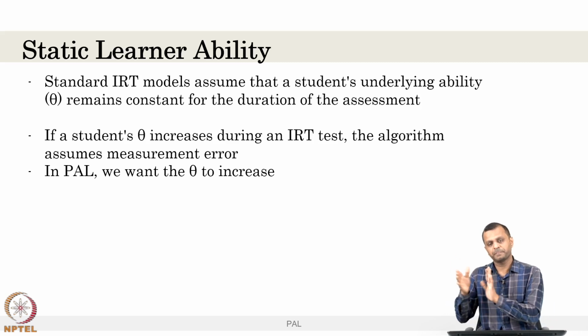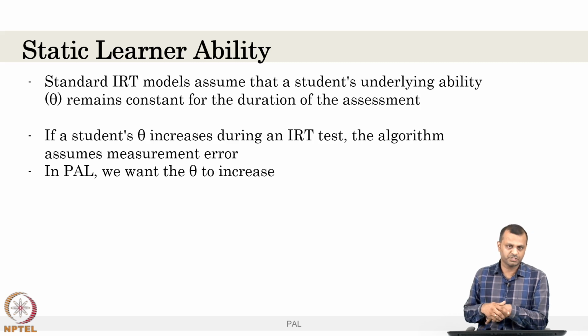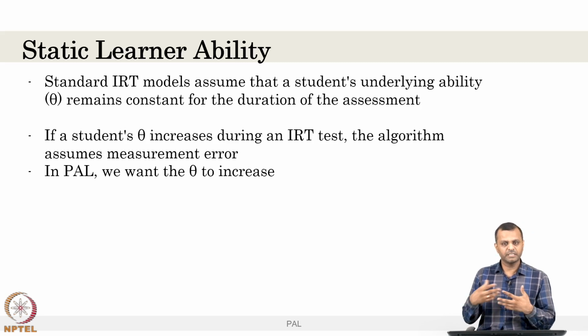After say 10 items or 20 items, it recalibrates your theta. It is not recalibrating your theta at every item you answer, because that would increase a lot of complexity of the systems. But now it has been done a bit. In general, the system we talked about assumes that the learner ability theta is constant.